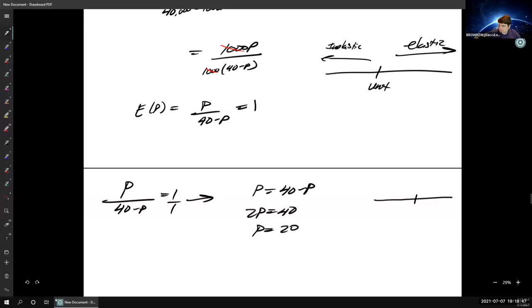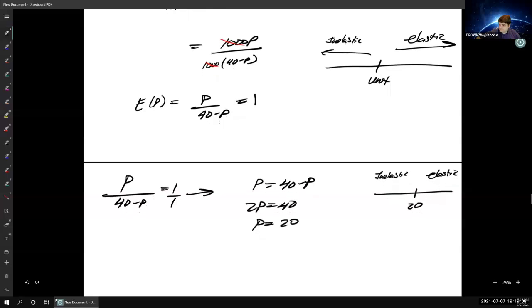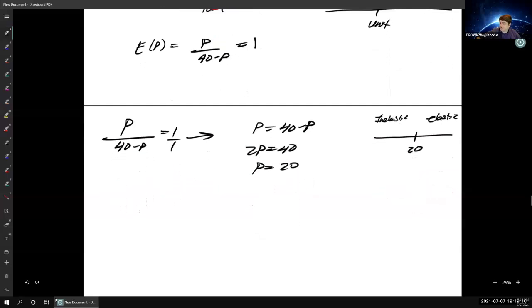So this is that price at which we switch back and forth between elastic and inelastic. So in terms of the intervals, well, we're talking about price, right? This is a $20 price.